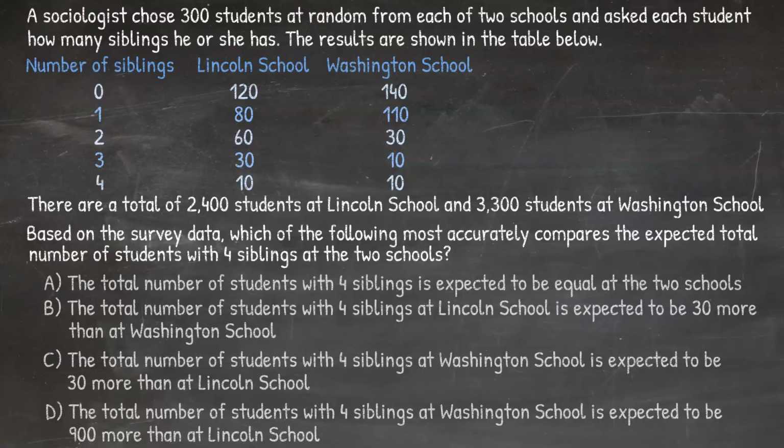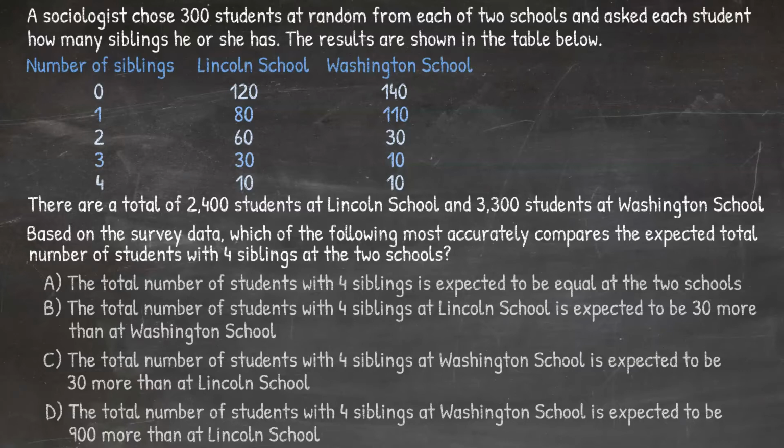So the answer looks good, but upon further reflection, we can see that it is not representative of the total number of students at both schools. The way statistical research works is that we use a sample to draw conclusions about a larger number of people.